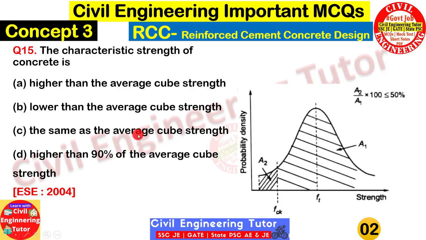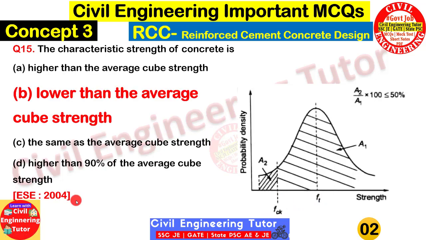So in this graph, you can see that this is the value of fck and this is the value of mean strength. So mean strength or average strength is always greater than characteristic strength. So just remember this. This question was asked in ESE 2004 and the correct answer will be B.